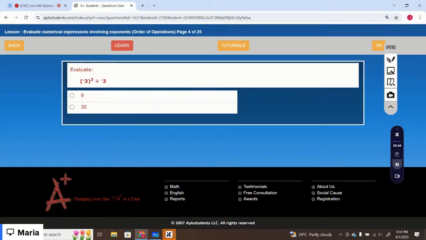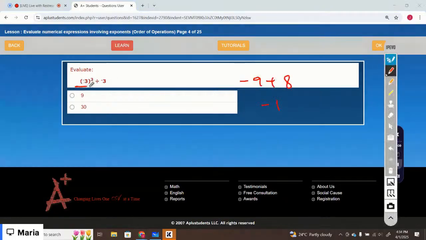Negative 3 cubed divided by negative 3. First thing we have to do is the parentheses, right?